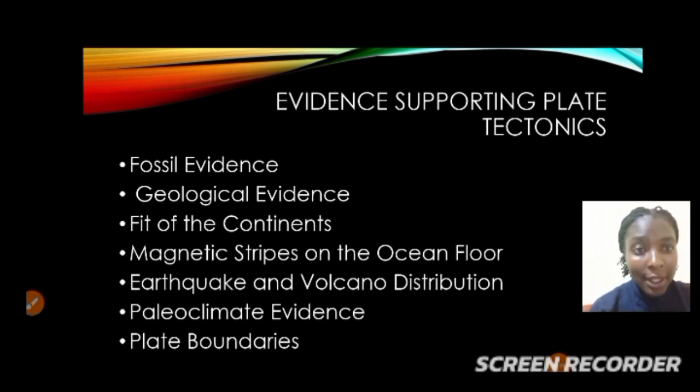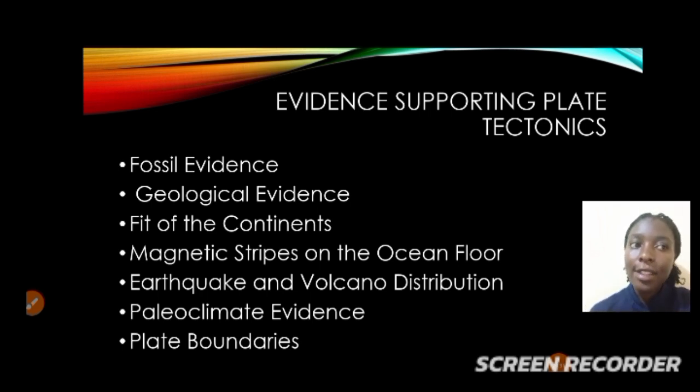Then we talked about the earthquake and volcanic distribution, like how earthquakes are formed in volcanic distribution. Next, we talked of the paleoclimatic evidence. Here we said there are similar climates, and we gave an example of South Africa and India.